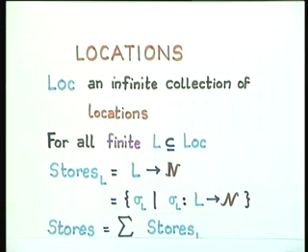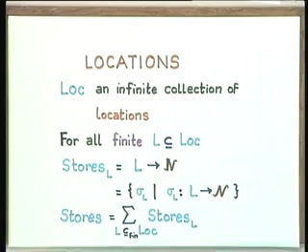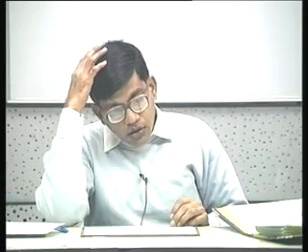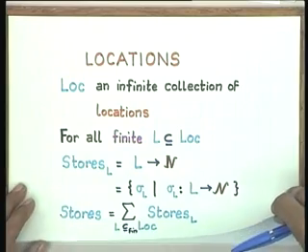And as usual, the set of all possible stores is just a disjoint union of the set of stores for each finite subset of locations, right. So this is our notion of locations, and this is our notion of stores, right. Then let's look at the notion of environments.